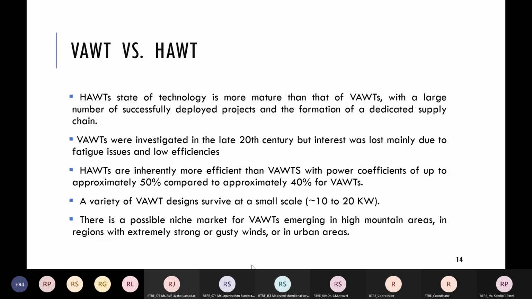It may happen that after 10 years, you can plant a smaller wind turbine at your rooftop and get it connected with the grid. That is very much possible, and that is one of the research potentials in VAWT.